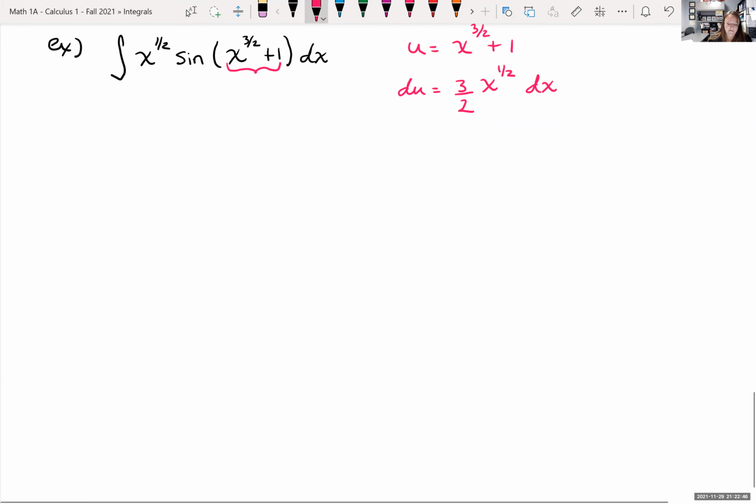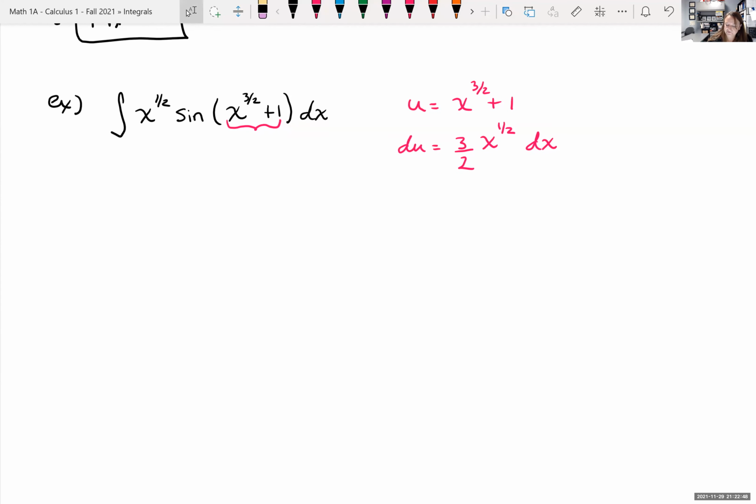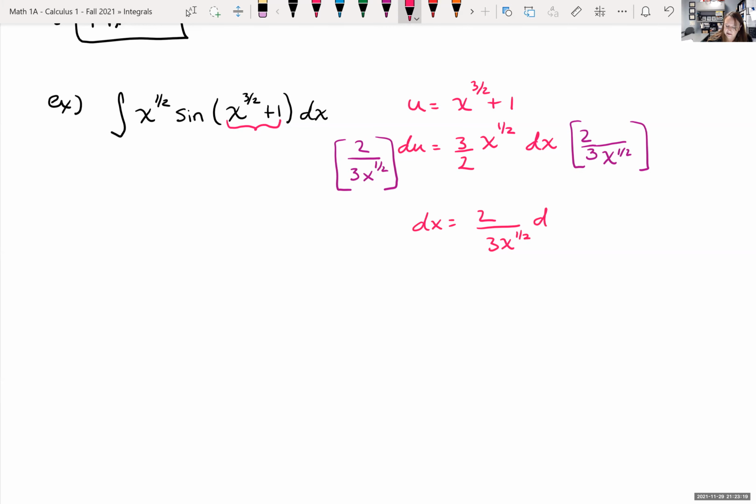So to get dx by itself, we could multiply both sides by 2 over 3 x to the 1/2. So we get dx equals 2 all over 3 x to the 1/2 power du.